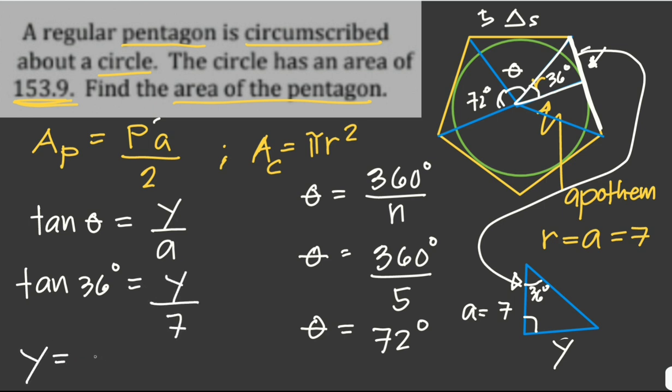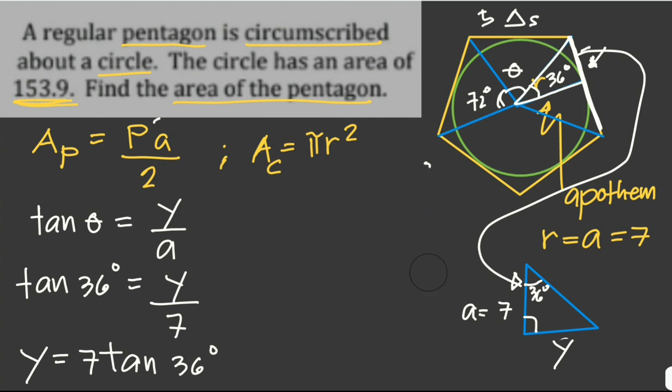Therefore, y is equal to 7 times tangent 36 degrees. So y is just equal to 5.085, and we can round it off to 5.09.